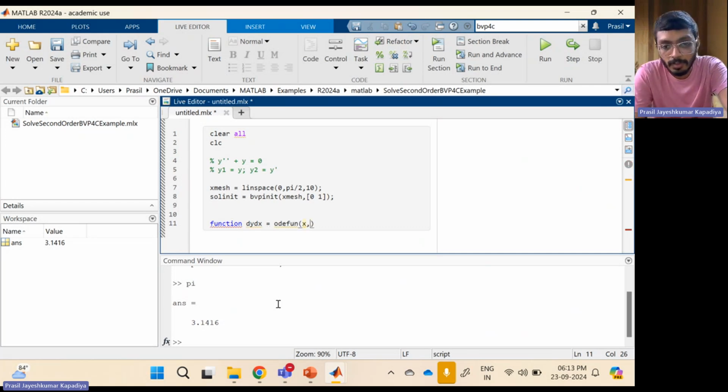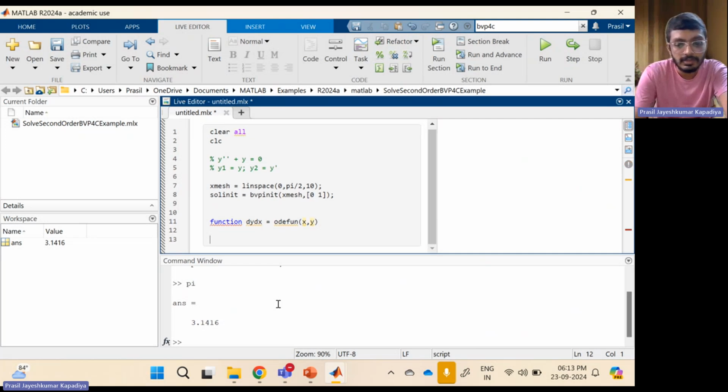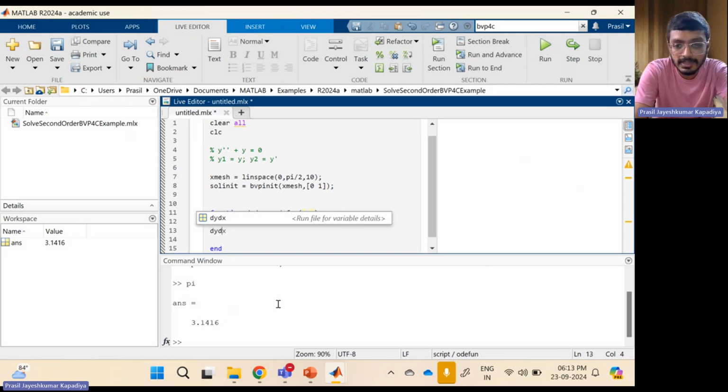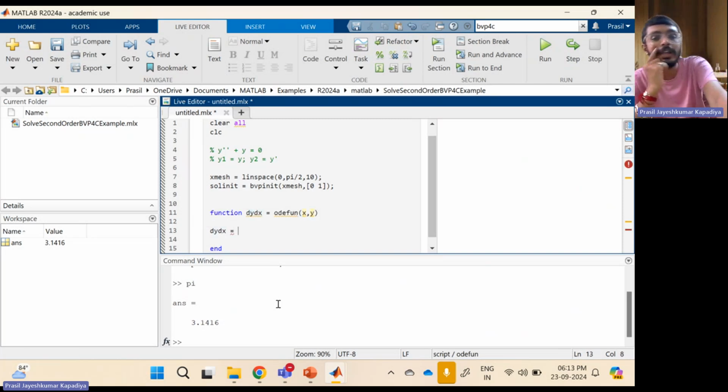What are my variables? x comma y. So when I start a function, I need to end the function. So my equation is dy dx is equal to y double prime.